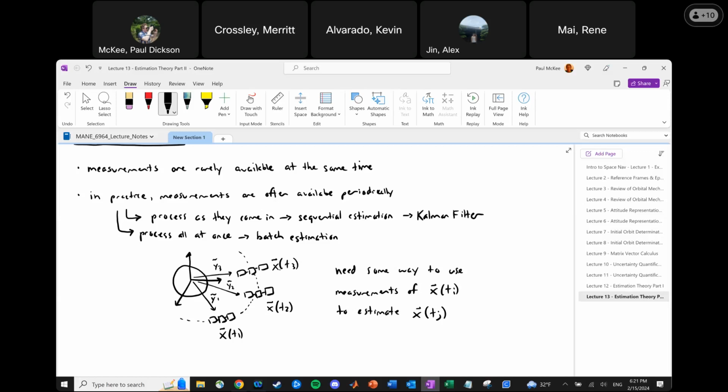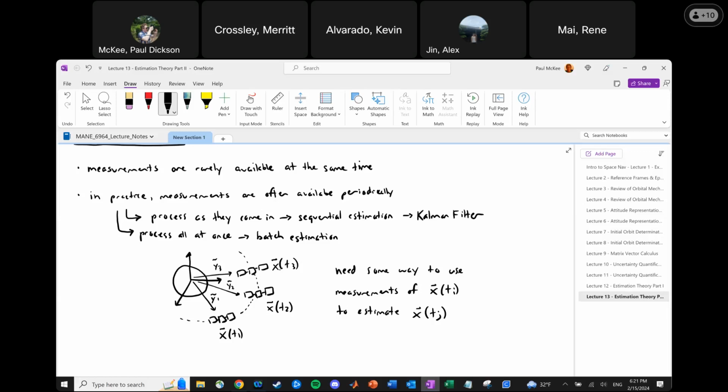And that is completely impossible unless we also have a model. So we don't just need a model describing the relationship between the state and the measurement. We also need a model describing the relationship between the state and the future state. And now we can use those things together to say, okay, I estimated the state a while ago, and I think that the state progressed like this.